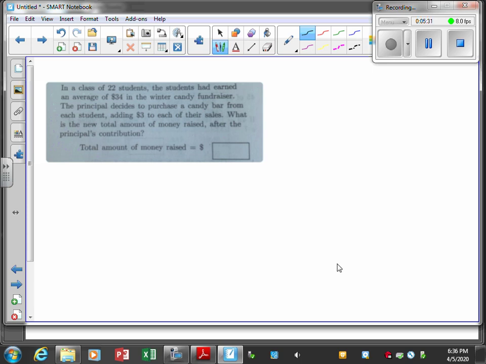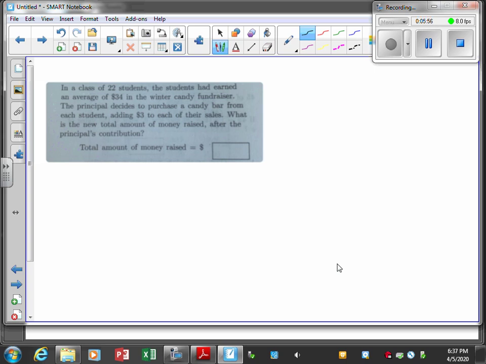All right, class of 22 students. Students earned an average of $34. Remember, average is a total divided by the amount of students, so they're given an average. The principal decides to purchase a candy bar from each student, adding 3 additional to each of their sales.